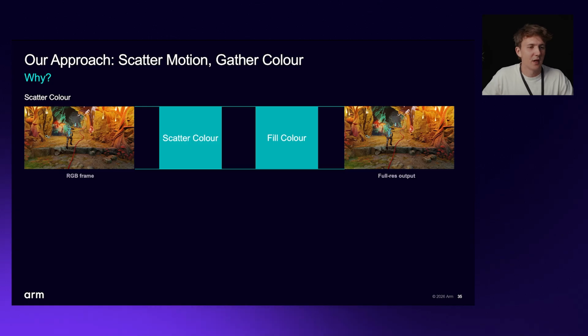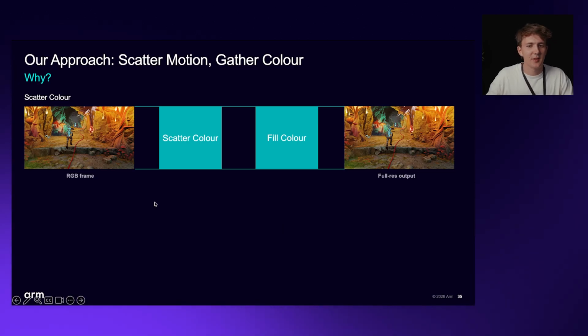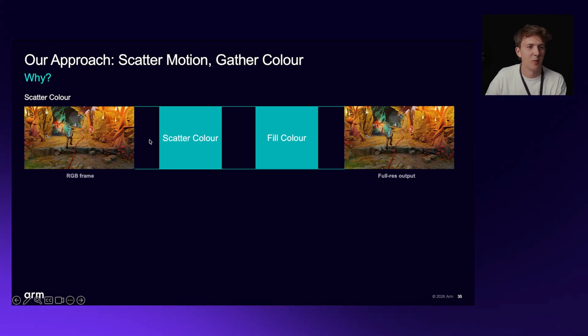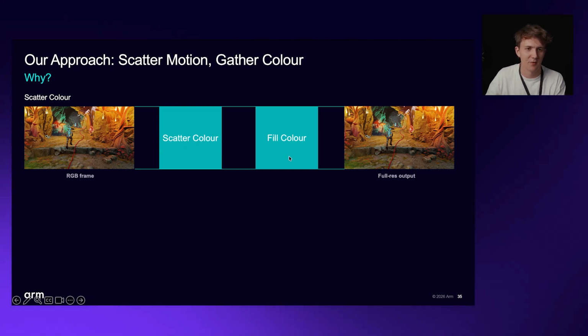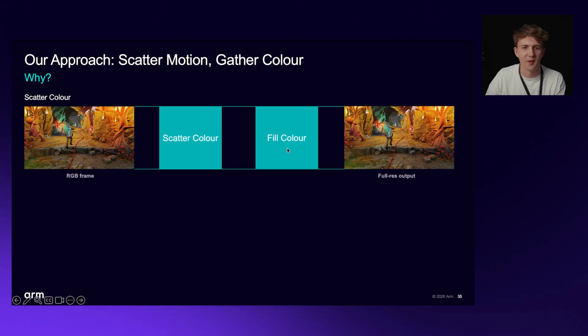So why do we do this? I've mentioned it a couple of times, but let's dig more into exactly why we do the scatter motion and gather color. Scatters are relatively expensive. If you're doing a naive scatter of RGB, you have to do the scatter stage and the fill color stage, all at the same resolution as your input and output color in order to preserve detail.